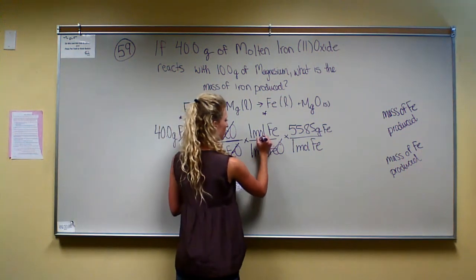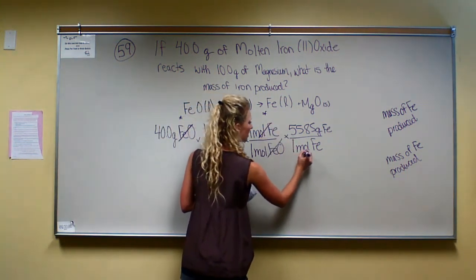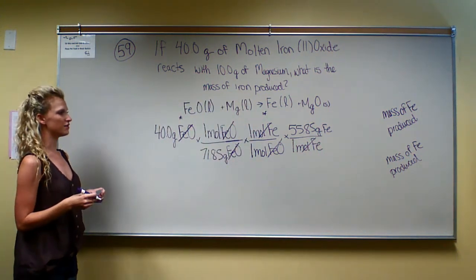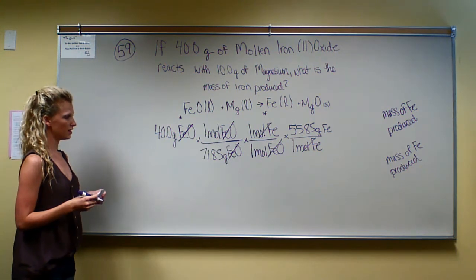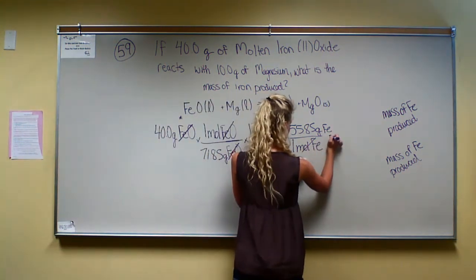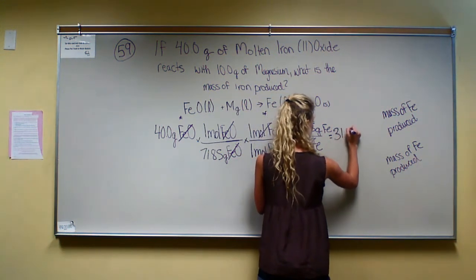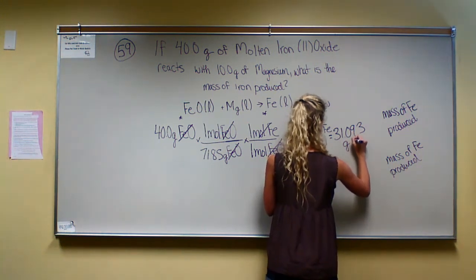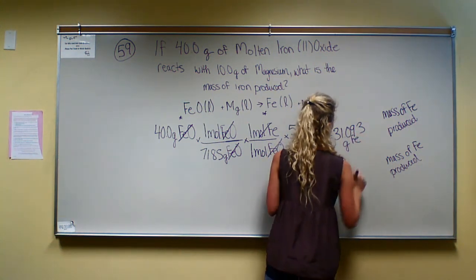So we can now go ahead and cancel out the 1 mole of iron and the 1 mole of iron, and we are left with 40 grams times 55.85 grams divided by 71.85. That gives us 31.093 grams of iron produced.